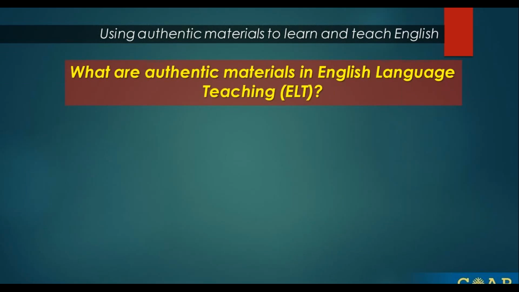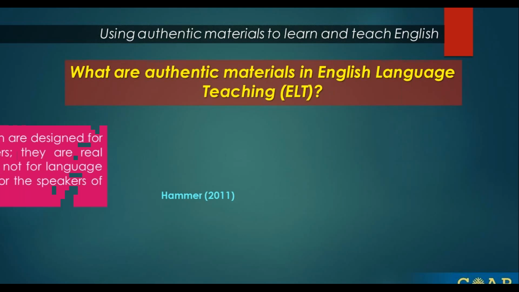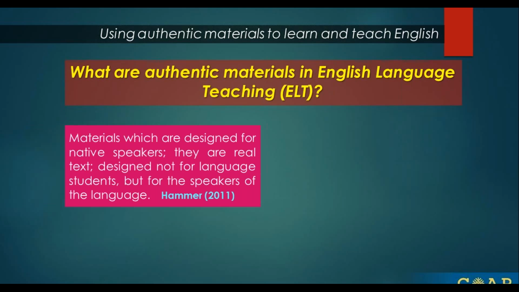Okay, let's start this topic by reading some concepts about authentic materials. What are authentic materials in English language teaching? According to Harmer, those are materials which are designed for native speakers. They are real texts designed not for language students, but for the speakers of the language.